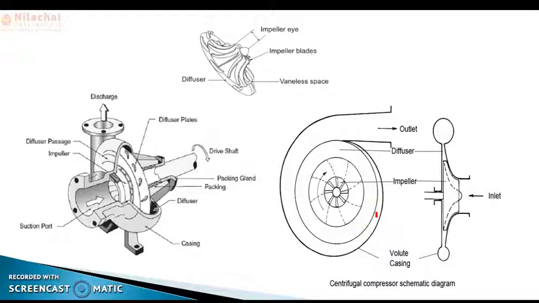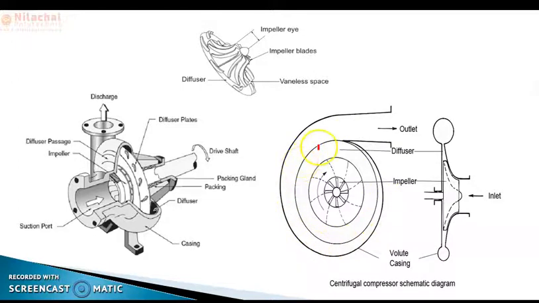That is the principle of the nozzle. Going to the opposite of the nozzle, that is the diffuser, if you are increasing the area, then what will happen? The kinetic energy is converted to pressure energy. And you observe the volute casing, gradually the area increases, which means the kinetic energy is converted to the pressure energy.